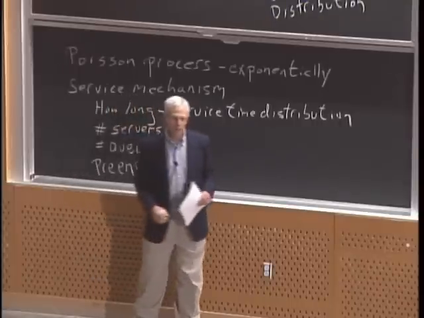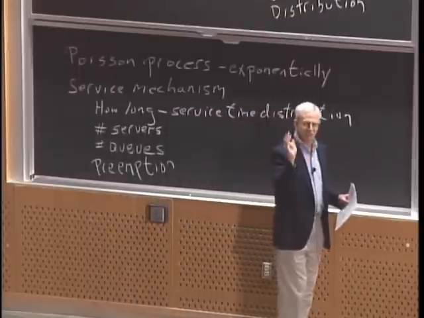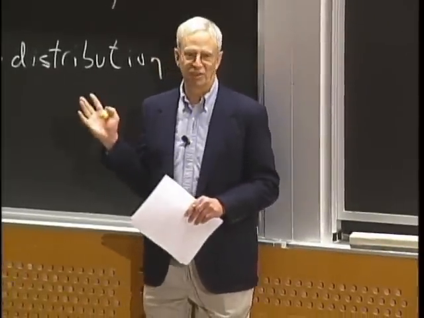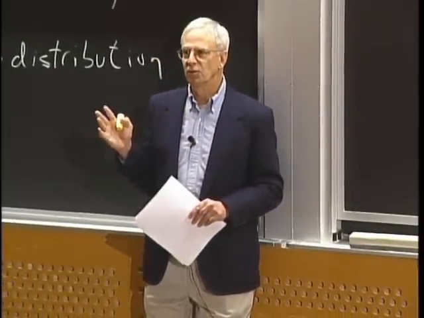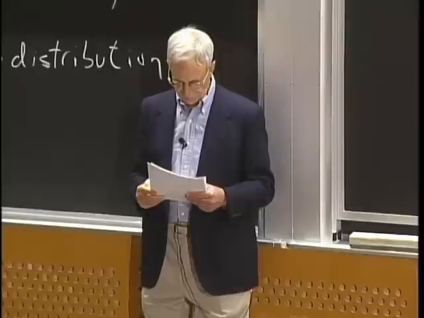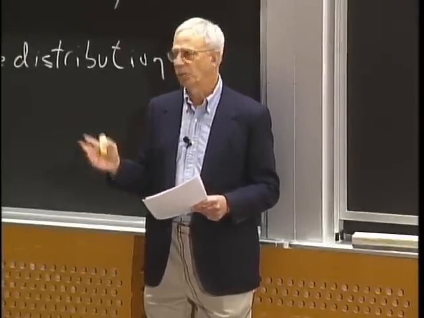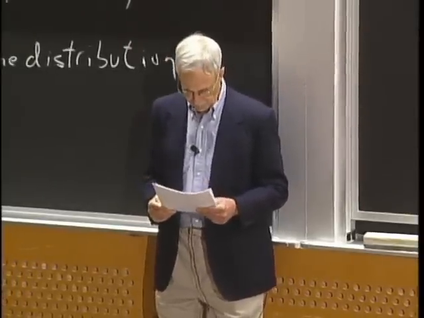In some queuing systems, a server can stop processing a customer to deal with another emergency customer. In others, once a job is started, it has to run to completion. And again, you get very different performance depending upon whether you allow preemption or not.